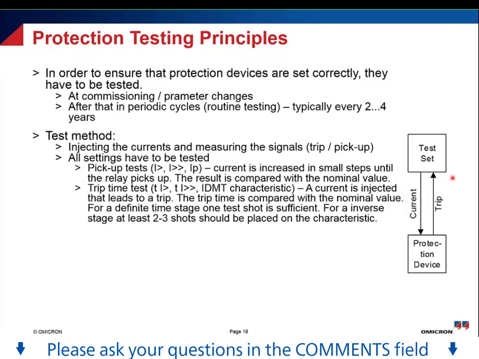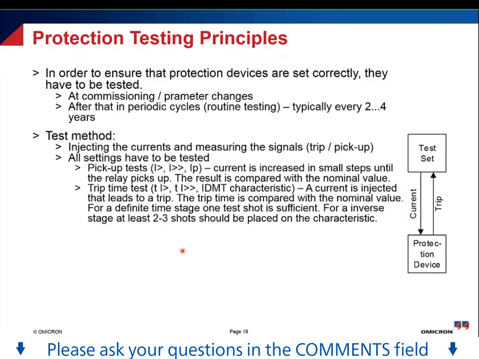If everything worked with the pickup test, then the second test is the trip time test. With the trip time test, you check whether the timing settings work correctly. So the time values of the definite time stages, or the time values of the IDMT characteristics, as well as the time multiplier setting or the time dial.